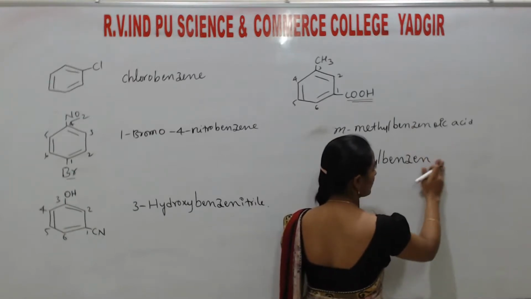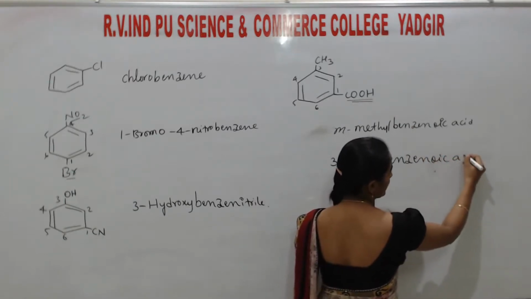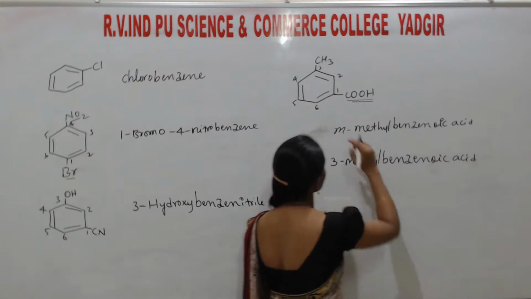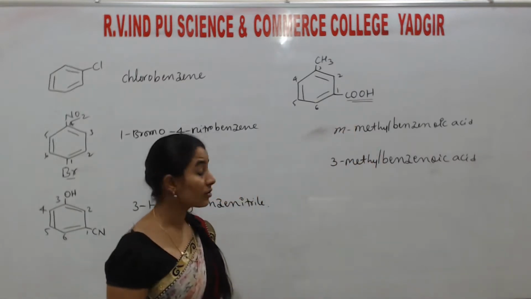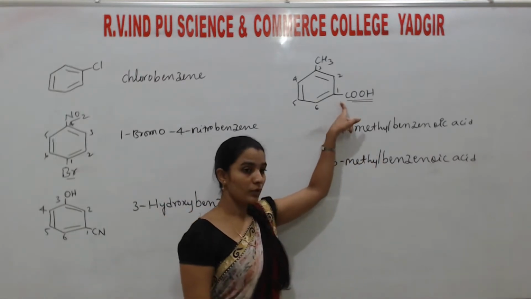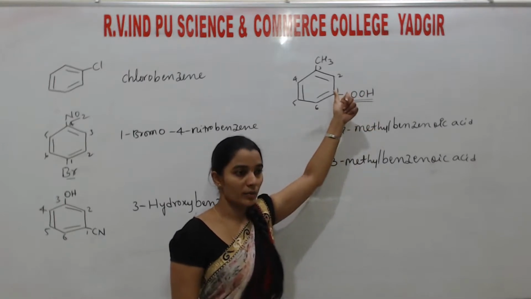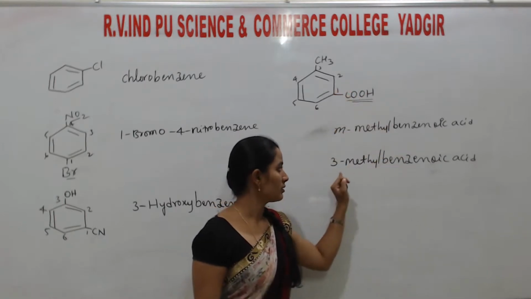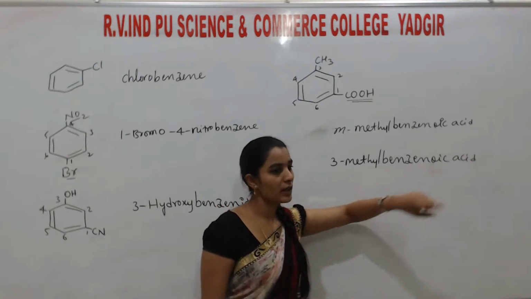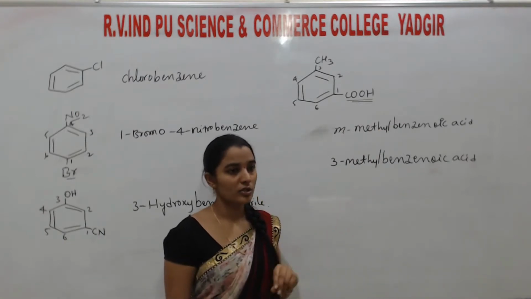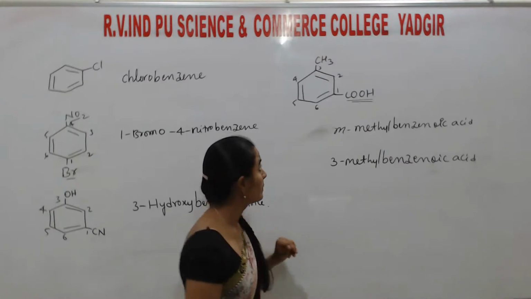The last E is replaced by oic acid. As I told you, the carbon to which the functional group is attached is always named as position 1. So this is 3-methyl benzenoic acid. That is enough. No need to write the position. Understand? Next.